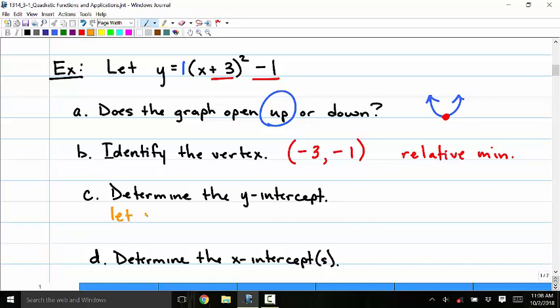So if I let x equal 0, I'm going to get y equals 0 plus 3 squared minus 1, which is 9 minus 1? 8. So my y-intercept is the point 0, 8.